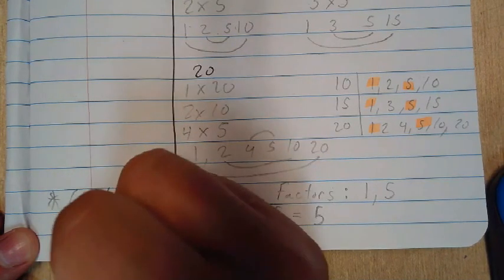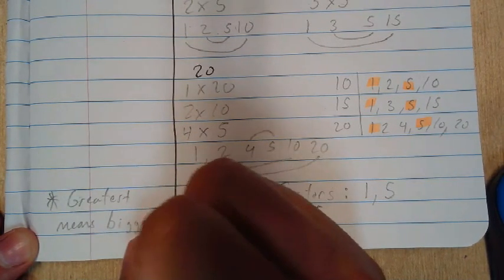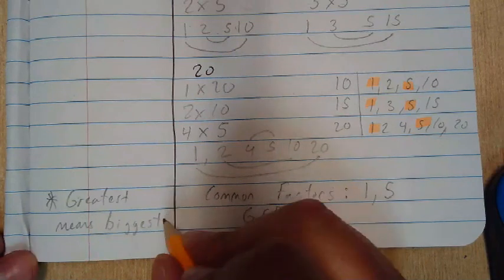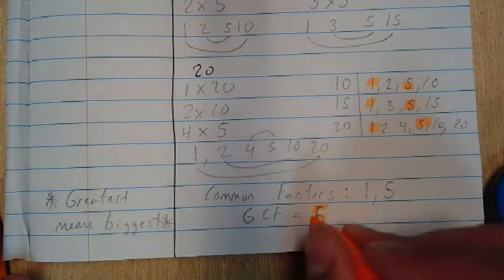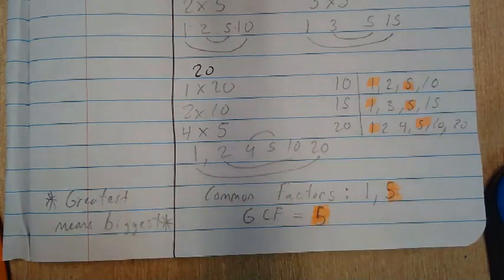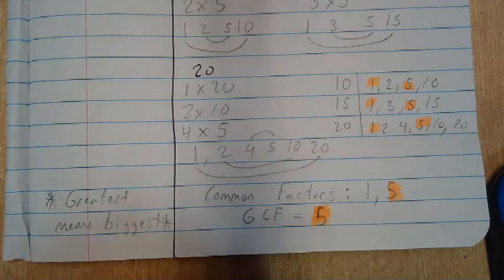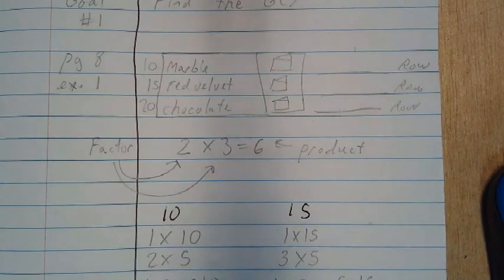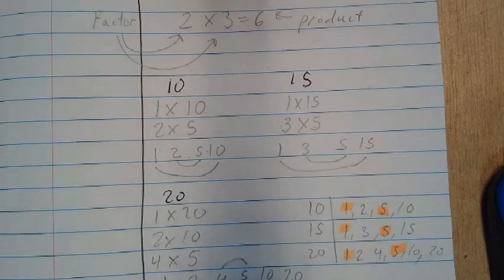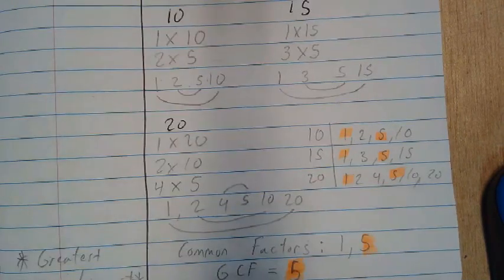Greatest means biggest. If you can't read my writing, you can always replay what I'm saying. The biggest number they have in common is 5. Again, if you go back to the problem, what does that 5 mean? Which might be a question later on in a test.